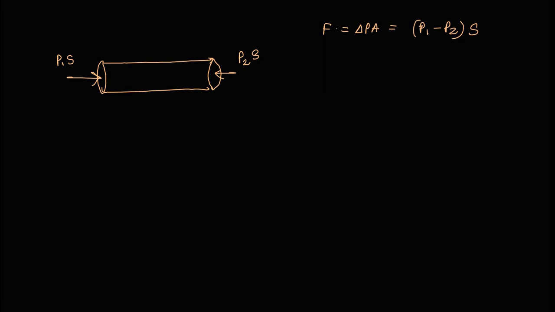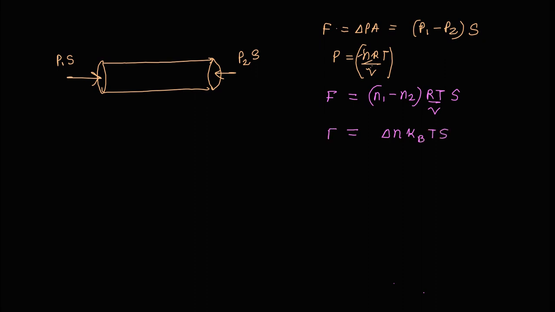Now considering ideal gas behavior, I can write that P is equal to nRT by V. So we can write this expression in this way, that F can be written as N1 minus N2 RT by V into S. N1 minus N2 can be written as delta N, and we can put this in terms of Boltzmann constant Kb T s.